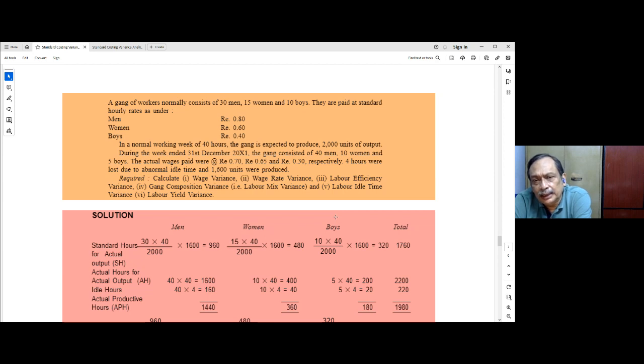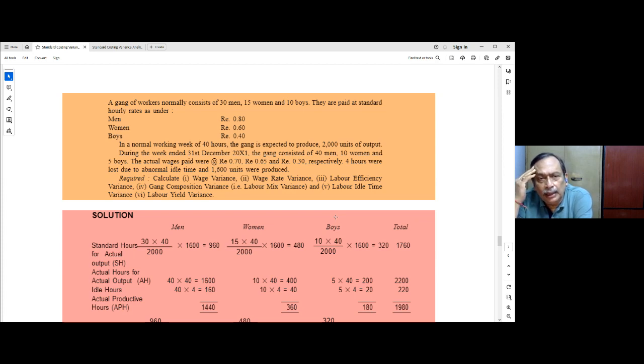Here, in this case, there will be idle time. Let us look into the problem. A gang of workers normally consists of 30 men, 15 women, and 10 boys. They are paid at standard hourly rates as under: men 80 paise, women 60 paise, and boys 40 paise.